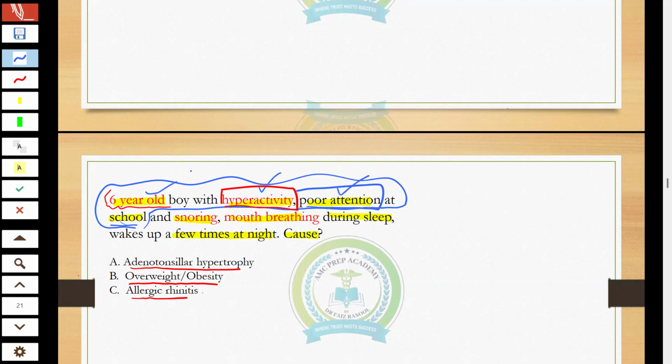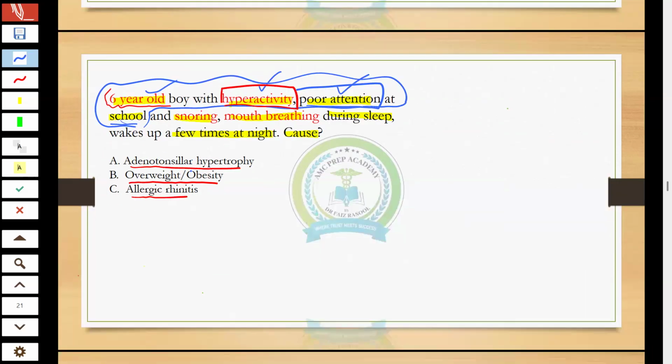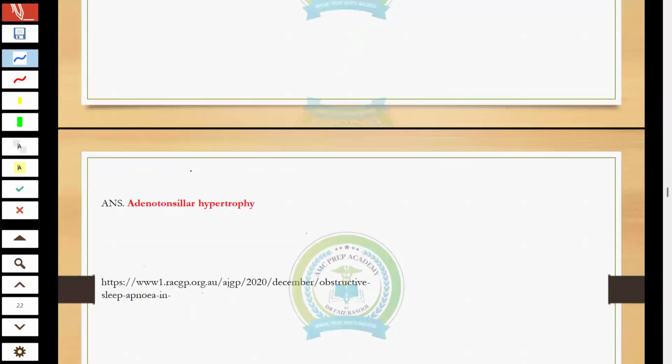Yes, doctors, this is ADHD, attention deficit hyperactivity disorder. Okay, good. So doctors, your answer is right. So adenotonsillar hypertrophy is the answer.